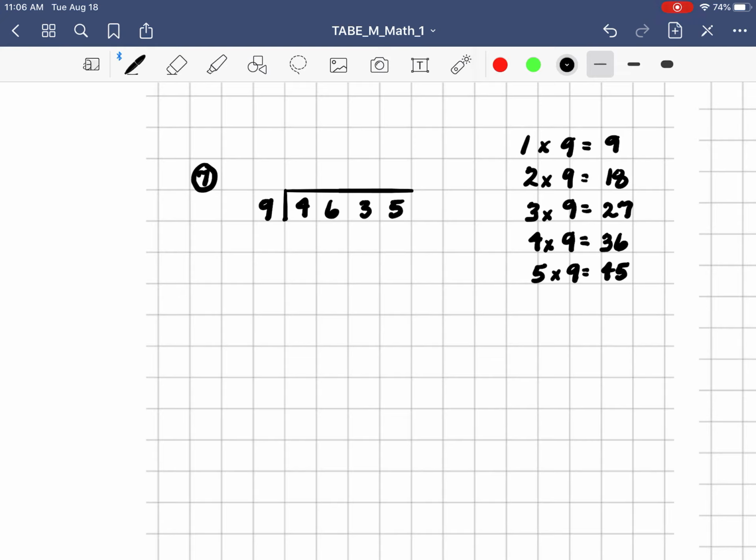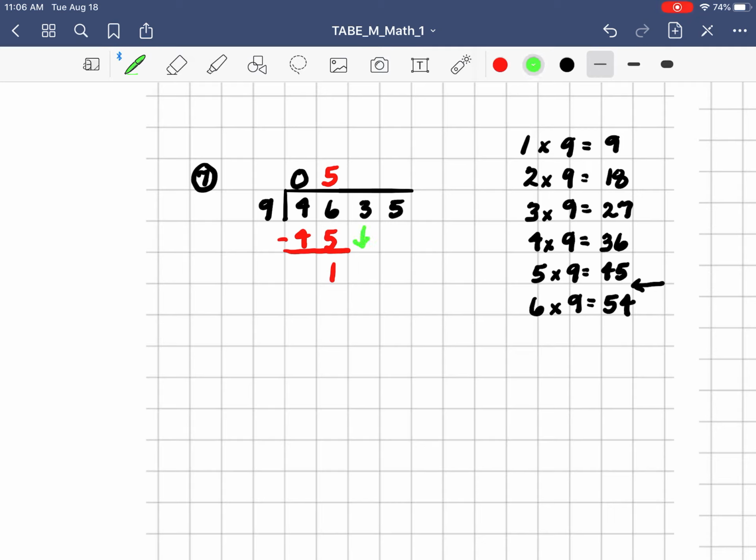So let's see what we have here. 9 into 4 cannot go. So 9 into 46. Let me go one more. That's 54. So 46 is going to sit right in there. So I'll go with the 5. 5 nines are 45 with 1 left over.